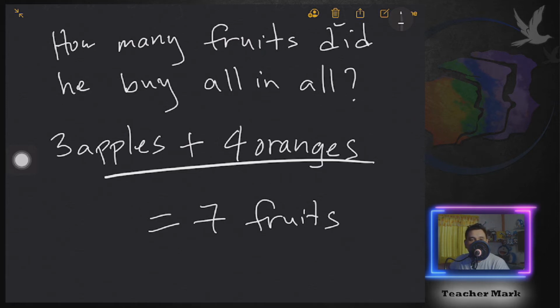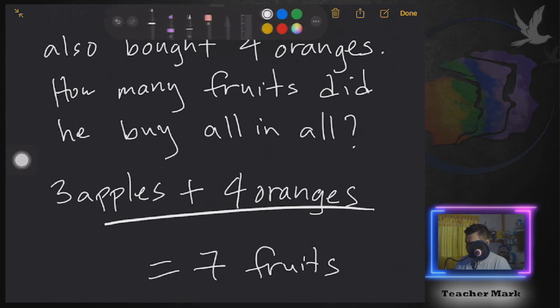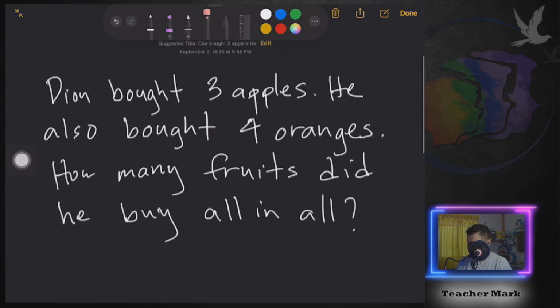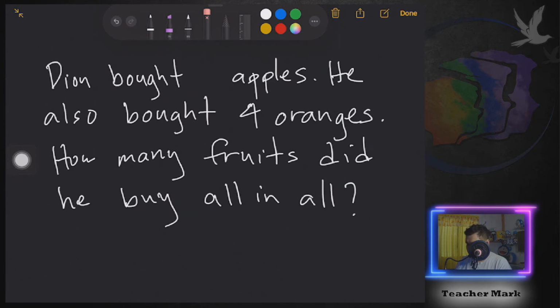You are not going to give me the answer. But what if we are going to change the given to a different value? For example, Dion bought X apples.